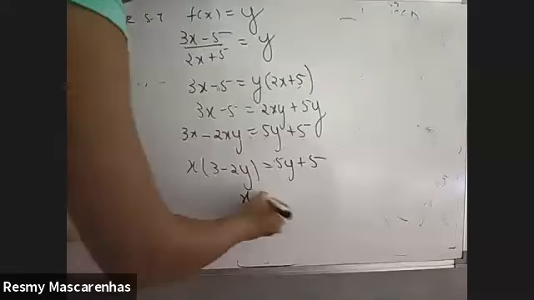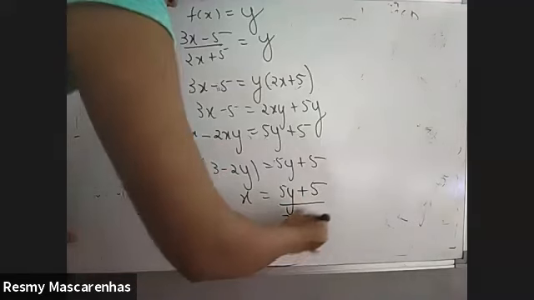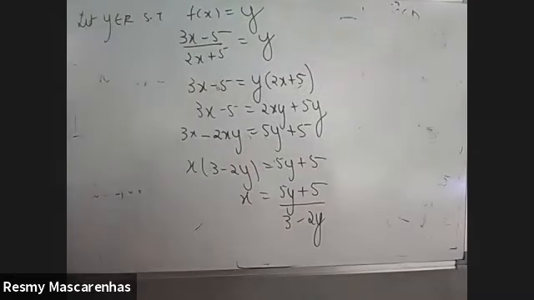So x is nothing but this, so this will be the value of x. Okay, so now you put any value of y as a real number, and the answer x you will get as a real number only.